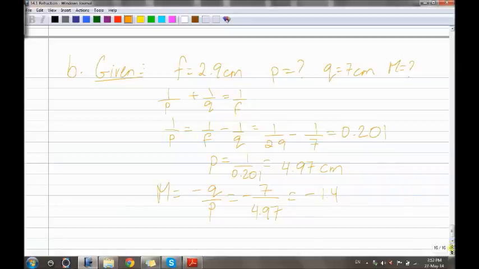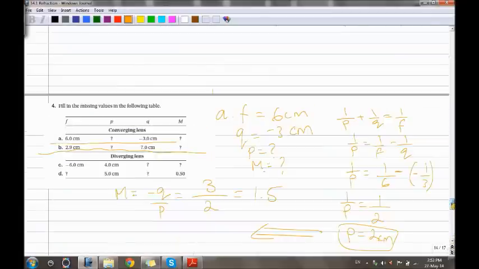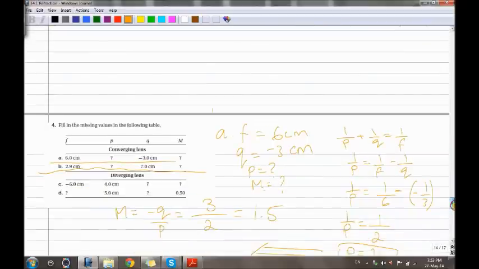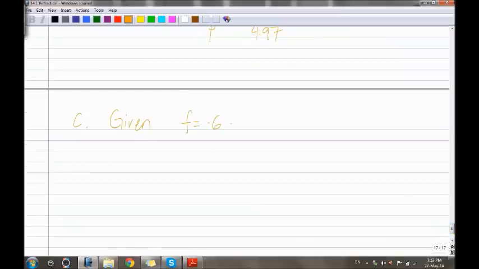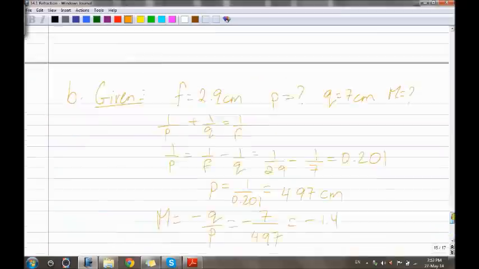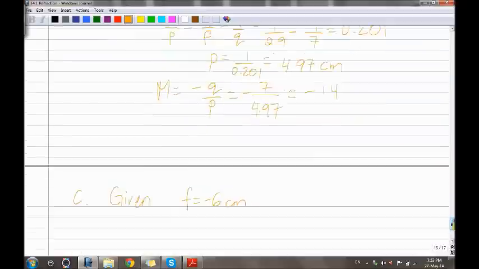Now let's move on to C. So C, let's find out the givens. The F is -6 centimeters. The P is 4 centimeters.